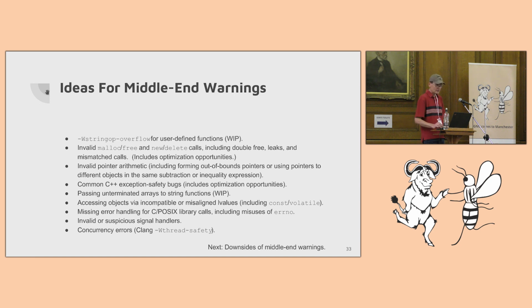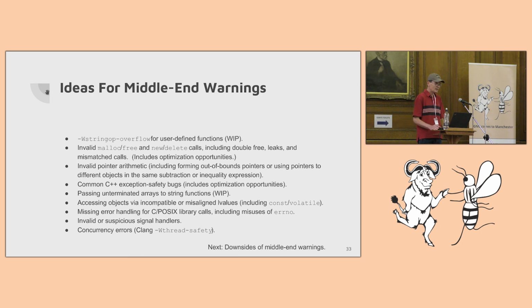Currently GCC only detects invalid array bounds or array indices, so providing a detection mechanism to find bugs in pointer arithmetic would be useful. Consider C++ exception safety and writing a warning pass that detects common errors related to exception safety.